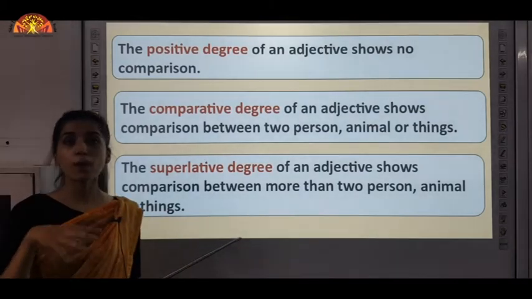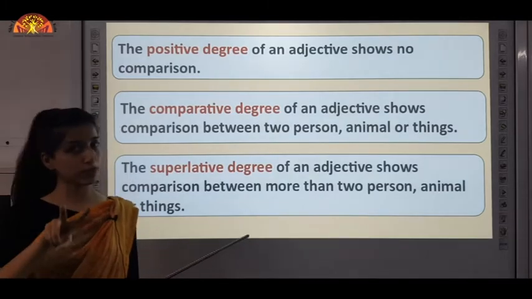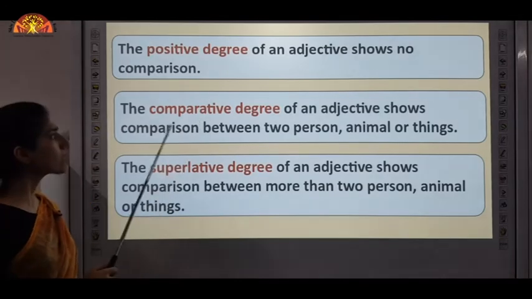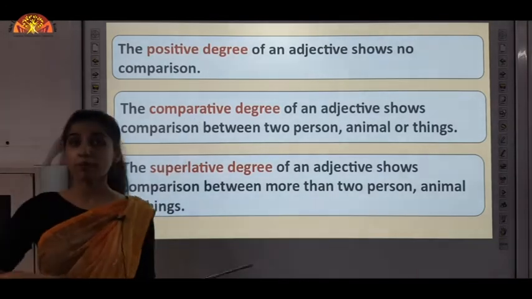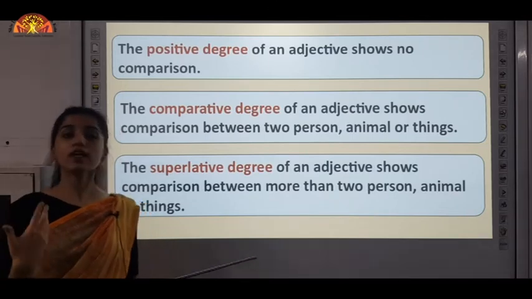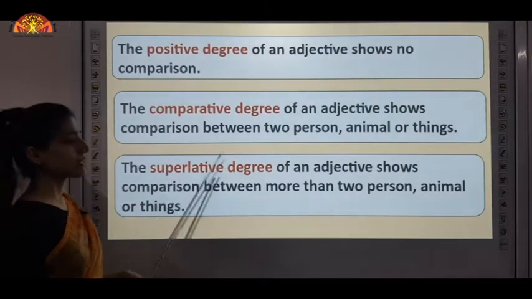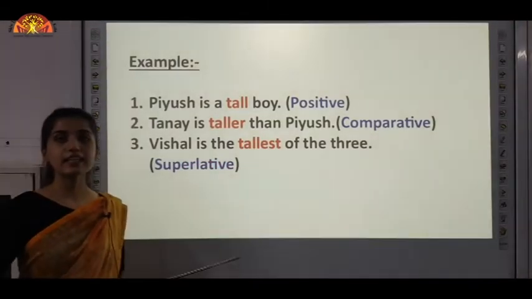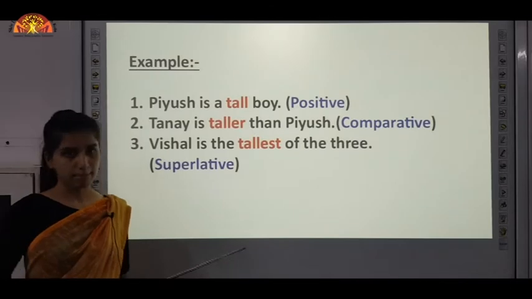That is superlative degree, because you are more than 2. I am not comparing between 2 things. If I am comparing between 2 things, I will use comparative degree. But if I am comparing more than 2 persons or animals or things, I will use superlative degree. Now let's understand it through an example.